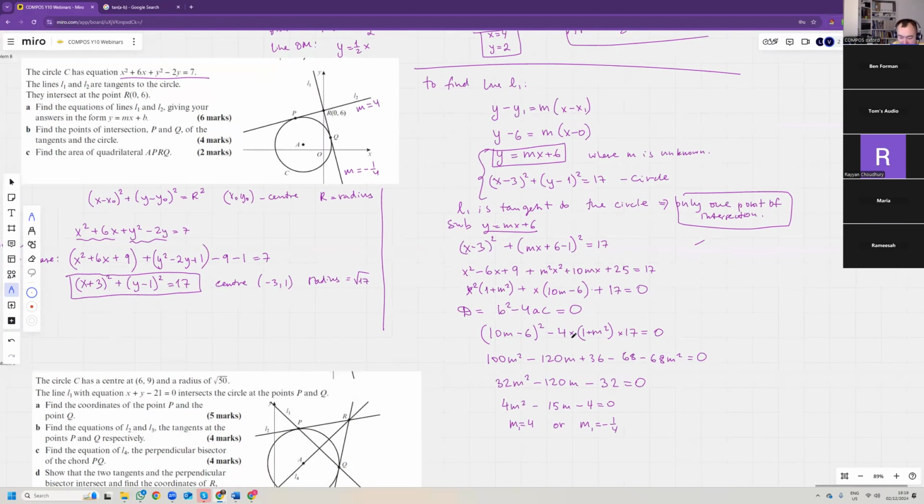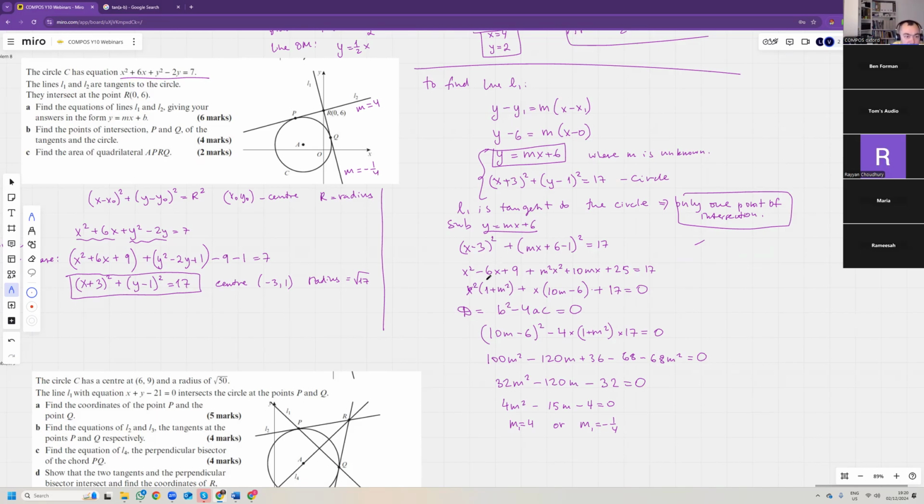Have I made a mistake somewhere? Y equals mx plus 6. That is correct. And oh yes, plus. No, that's minus 1.